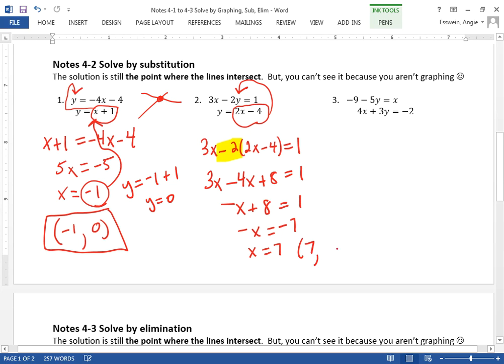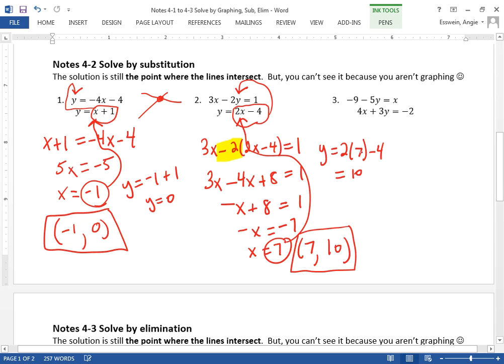So we've got 7 there, and then we don't know what y is yet, so we've got to plug it back in. So you plug x back in for x. Be sure to plug it in for the right letter. So y is 2 times 7 minus 4, or 14 minus 4, 10. So we get one solution there.